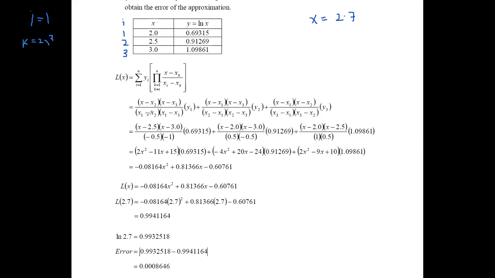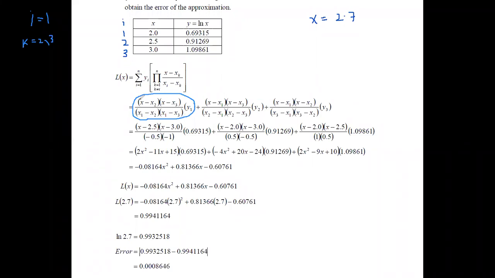By using those values, we can obtain the first set of values. Then, setting i equals 1, we have x minus x2 here, x1 minus x2, and x3 would be here.